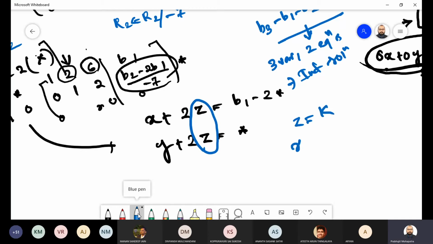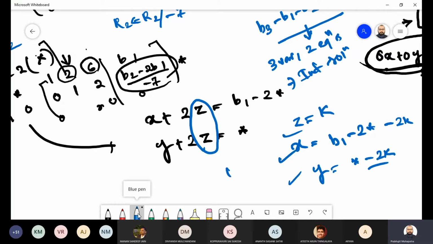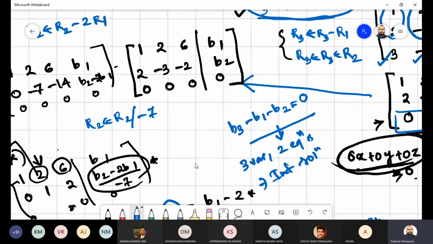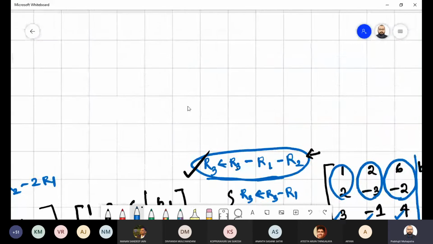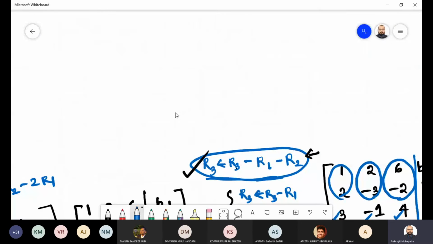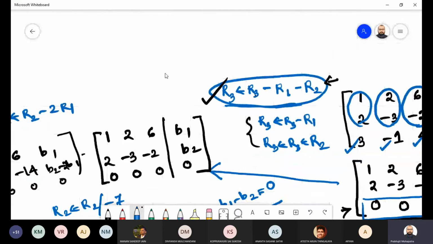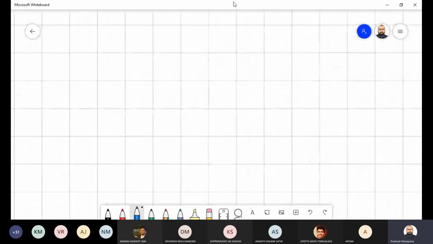Then x is B1 minus 2 star minus 2k, and y is star minus 2k. For k equal to 0 you get one solution, for k equal to 1 another solution, and similarly you get infinite solutions. But they have only asked for what condition it should have at least one solution.